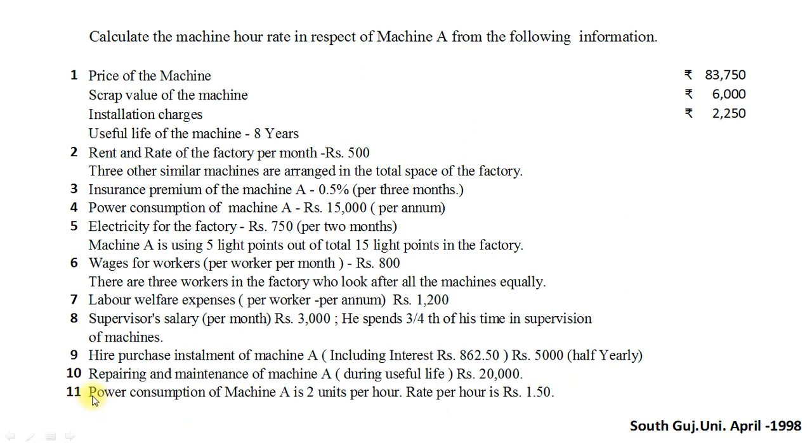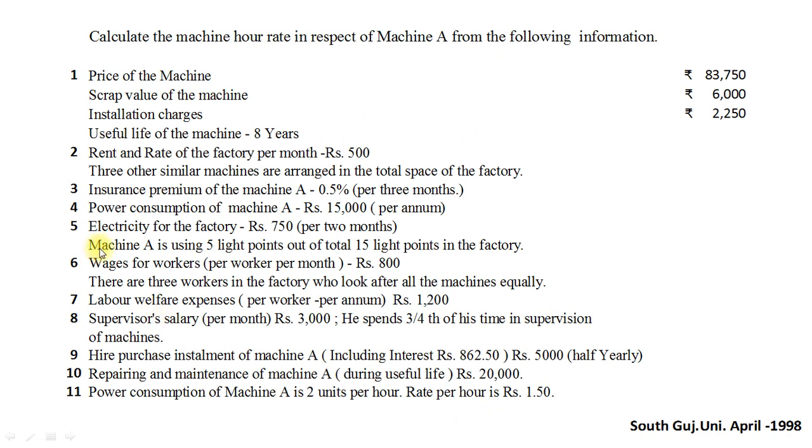Adjustment number 11, power consumption of machine A is 2 units per hour, and the rate per hour is rupees 1.50. Dear students, 2 units per hour and rate per hour is 1.5. So per hour power cost would be rupees 3, that is 2 units multiplied by rupees 1.5.